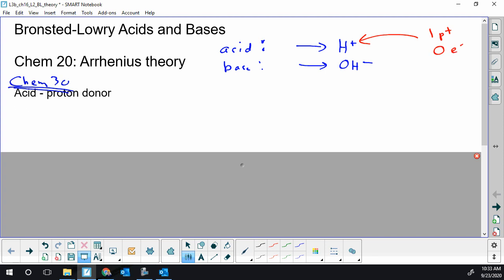And assuming this is the most common isotope with one atomic mass unit, how many neutrons are there? Zero. I will routinely interchangeably use the word H plus and proton, because an H plus is only a proton. That's all it is. So when I say proton donor, you can think of that as an H plus donor, because an H plus is just a proton.